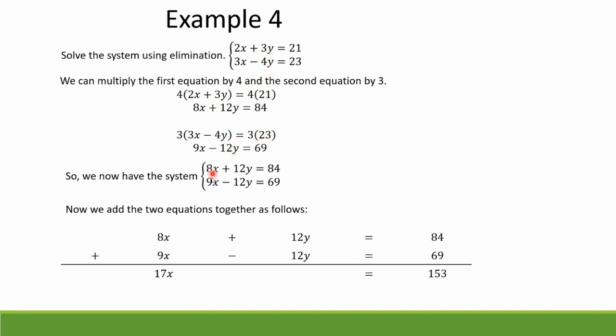But now we have these equations. Now, if I were to add these two, what's going to happen? The y variable goes bye-bye. It's gone. Right? You add them, you get 17x equals 153.